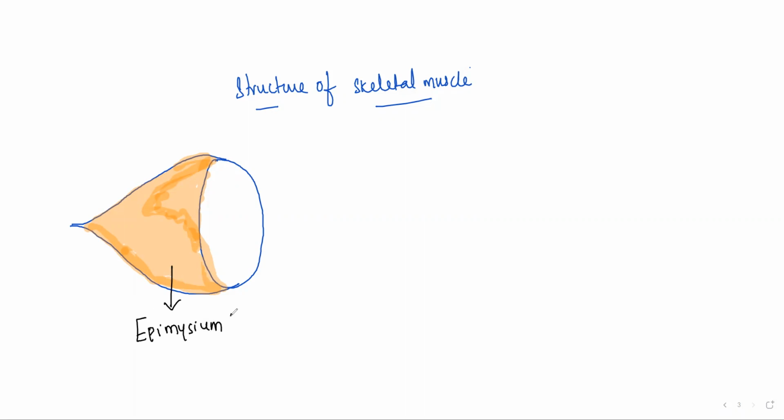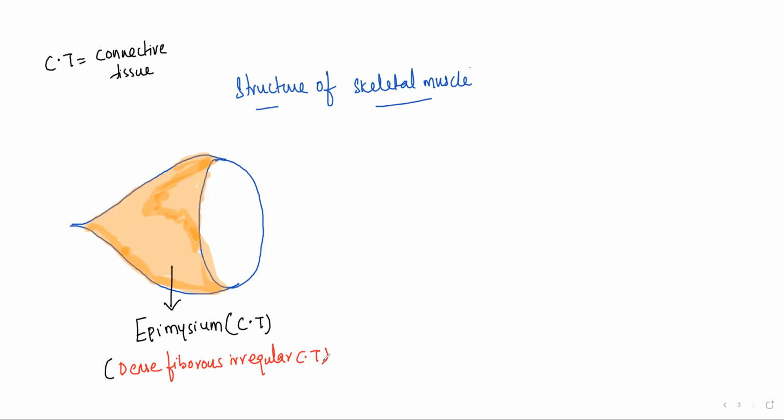This epimysium is none other than connective tissue, C.T., and the connective tissue found here is the dense, fibrous, irregular connective tissue.